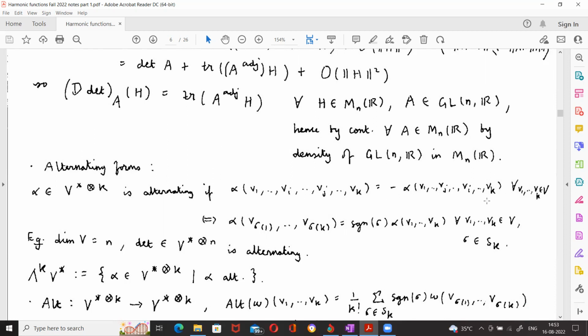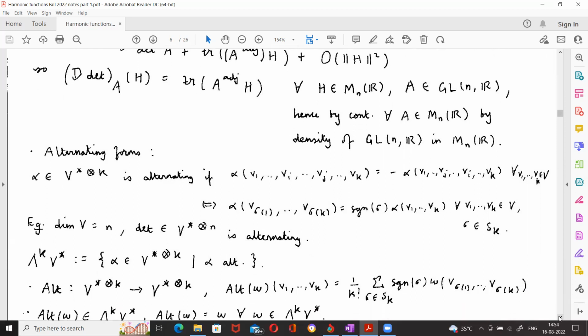And so if you change sign under one transposition, then that means under a general permutation, you're going to change sign by the sign of the permutation, right? So alpha of v sigma 1 to v sigma k will be sign sigma times alpha of v1 to vk for all sigma in Sk. Is this clear? Yes? Okay. All right.